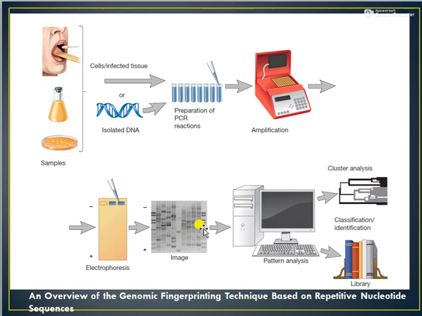This is the case of genomic fingerprinting, and you will classify these organisms into small groups. The nucleic acid sequences will be obtained, and based upon that you will cluster or classify them into different organisms, and you will save them into a library.